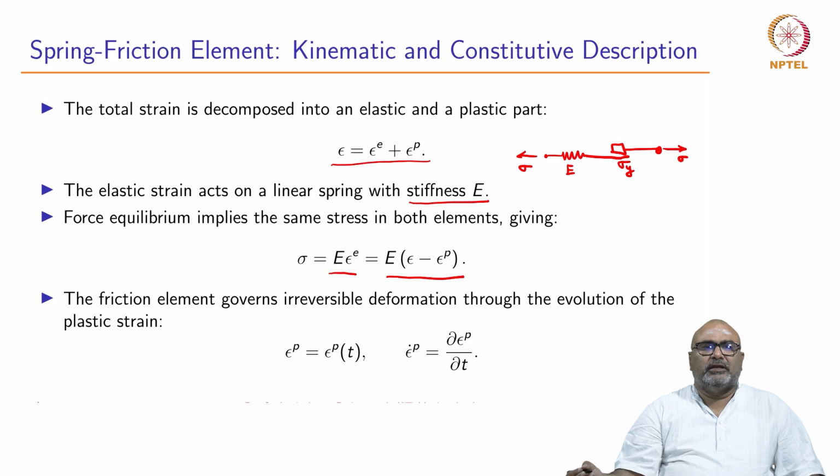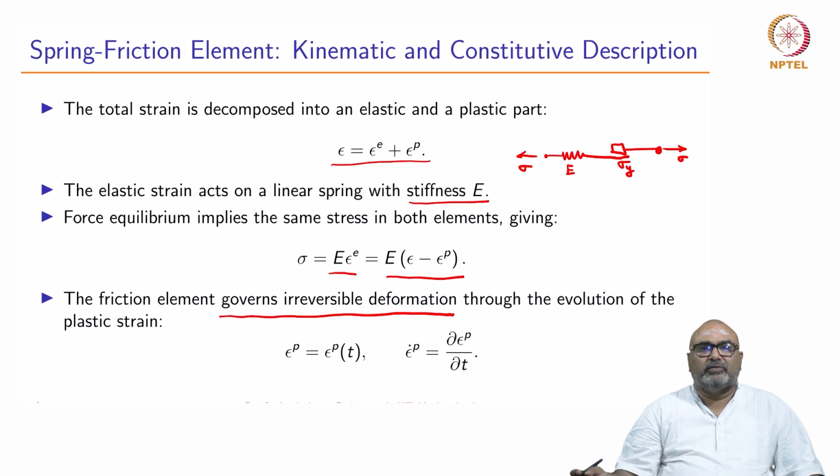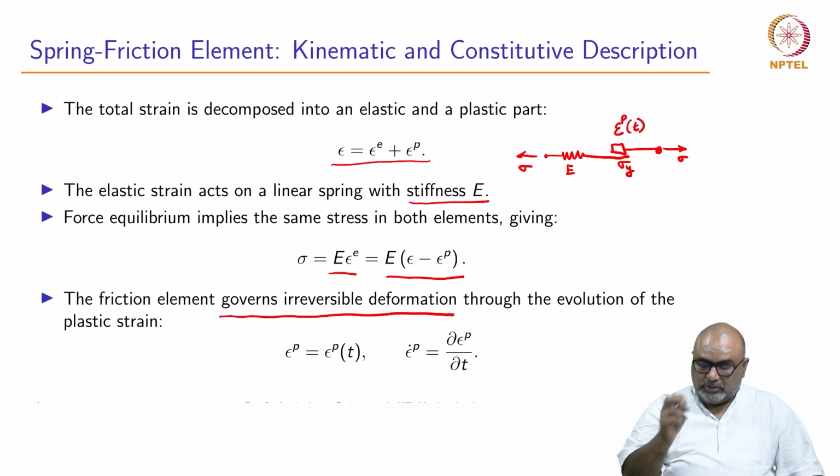The frictional element is going to govern the irreversible deformation, that is the plastic deformation, through the evolution of the plastic strain. There is going to be a plastic strain which is a function of time, and there is going to be elastic strain which is taken by the elastic spring, and this plastic strain will come into effect only when sigma is equal to sigma y and greater than sigma y.